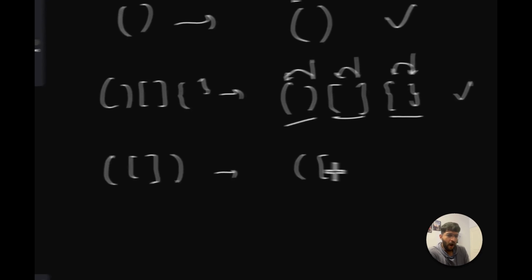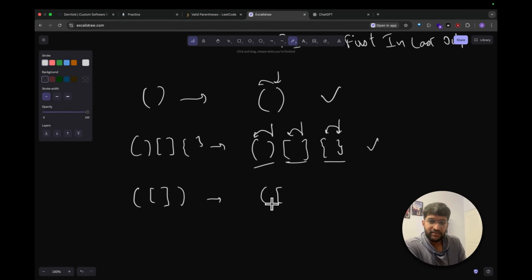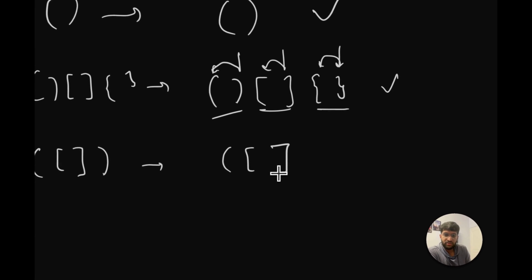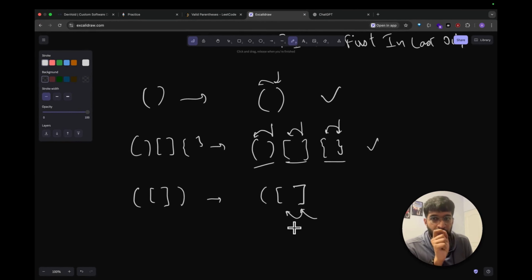Here, we have these two opening brackets. Then we get this closing bracket. When we encounter this closing bracket, we check the previous one, or to be more precise, the most latest, very important, the most latest one. Which is this one.